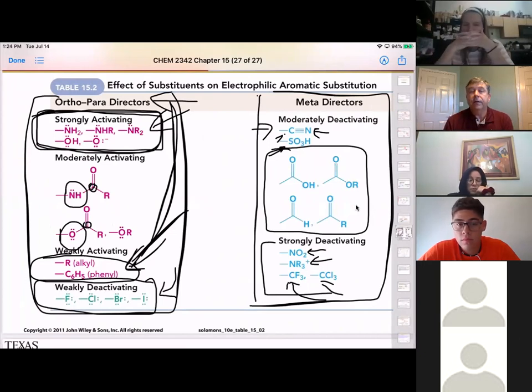In all the meta directors, you have a partially positive charge or a positive charge on the atom directly bonded to the benzene ring. Think meta directors every time. So even if it's a functional group you don't know or you can't name, think about where that partially positive charge would be, or where those lone pairs are, and you should be able to figure out whether it's an ortho-para or meta director. Questions on that?